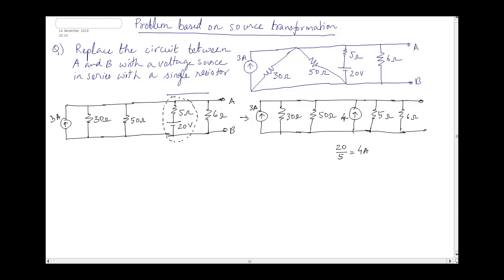Now if you look at this particular circuit, we can see that resistances 30 ohm, 50 ohm, 5 ohm, 6 ohm are all in parallel. Similarly, 3 ampere and 4 ampere are also in parallel, and we know that parallel current sources can be added together.